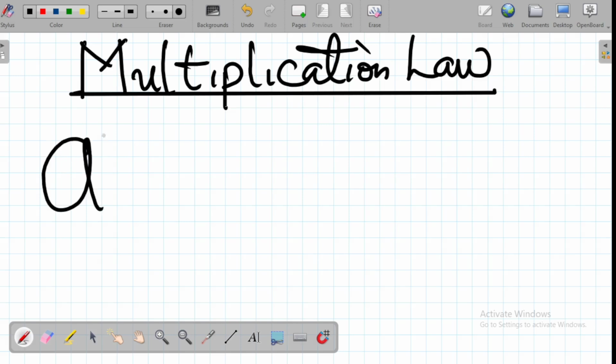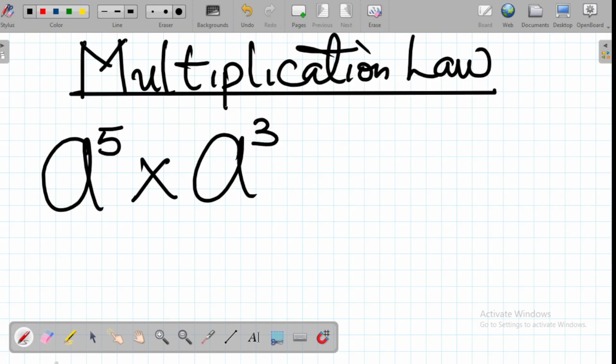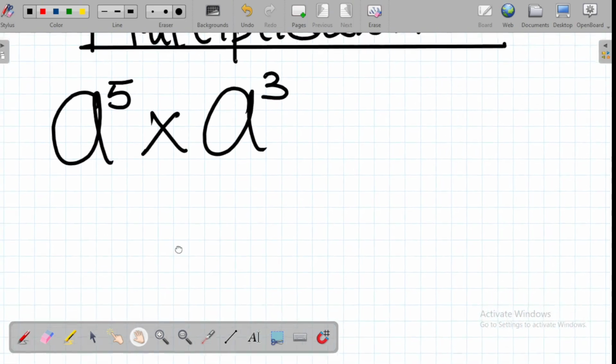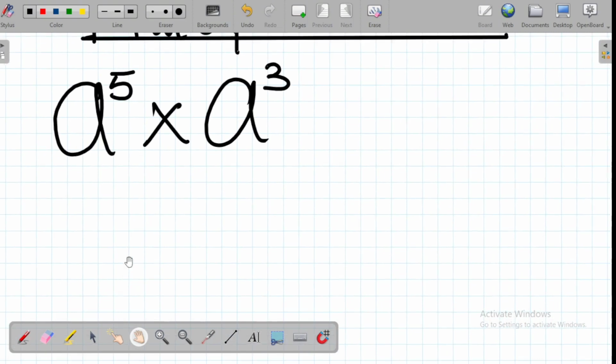If we have a raised to power 5 multiplied by a raised to power 3, the law states that if we are to multiply expressions of the same base, we have the same base here, which is a and a, such that it has same or different index.